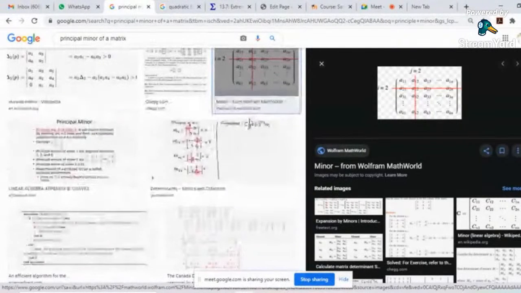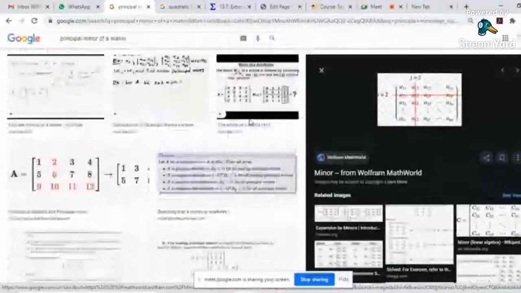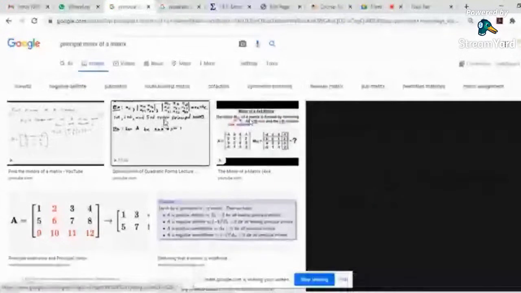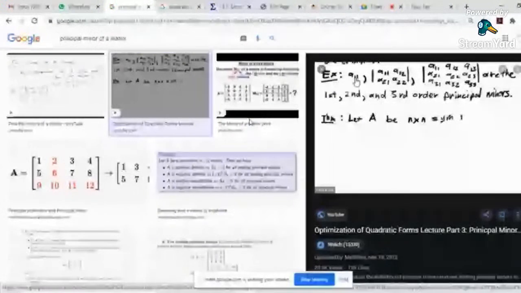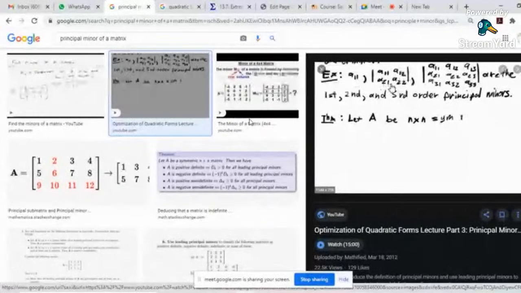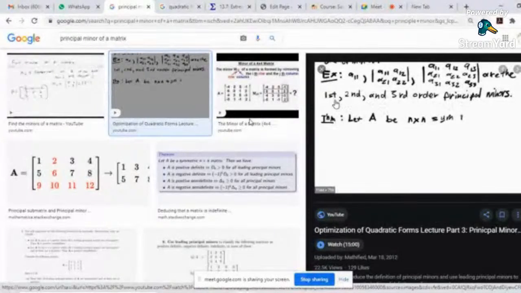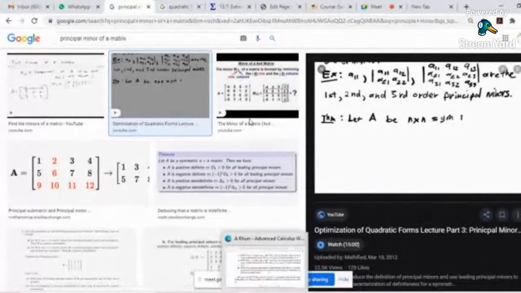So those are called principal minors. You can see an example here. The determinants of those are called the first, second, and third order principal minors. So that idea we are using here.